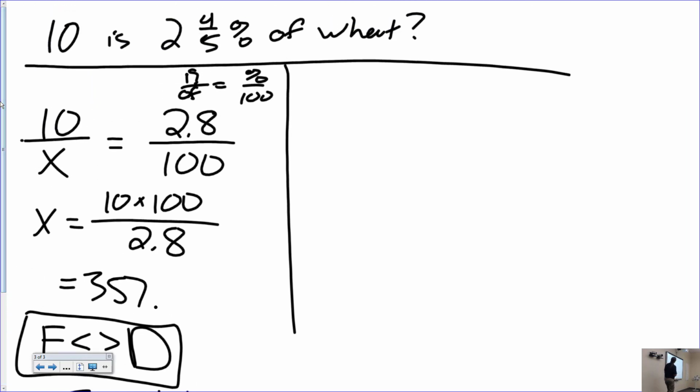And then if you wanted to do this using the conversion or the translate technique, 10 equals 0.028 times x. Again, 2.8% converts to a decimal correctly, 0.028.